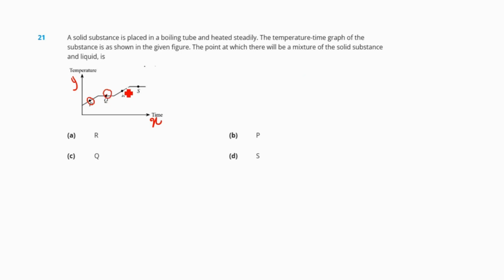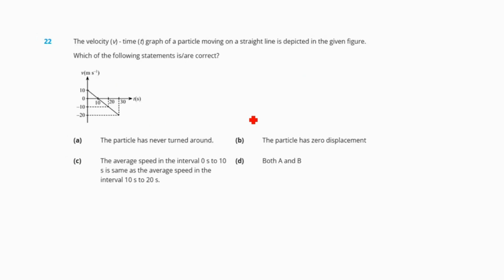Similarly, at point R, it represents the heating of the liquid state, whereas at point S, we can see the transition from the liquid to the gaseous state. So our question is which point will be a mixture of solid substance and liquid? So our correct answer should be option C, Q. Q is the point where there is a transition from the solid to liquid state as we increase the temperature.